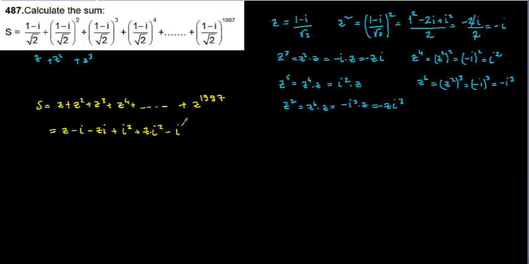Z to the power of 6 is minus i cube, and the next is minus z i cube. As you see, there is an order here: z, minus i, minus z i, i squared, plus z i squared. This is plus, this is plus, this is minus, and it's going to continue like this.